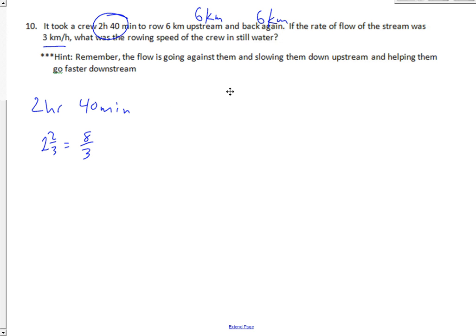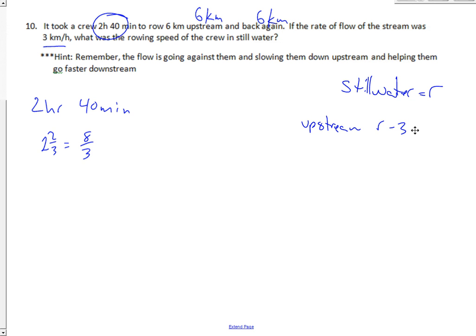Because we have a definitive distance going there and also back, we have a definitive expression for rate. In still water, if we consider our rate to be R, going upstream, the water is pushing against us at 3 kilometers per hour, so it's going to slow us down.